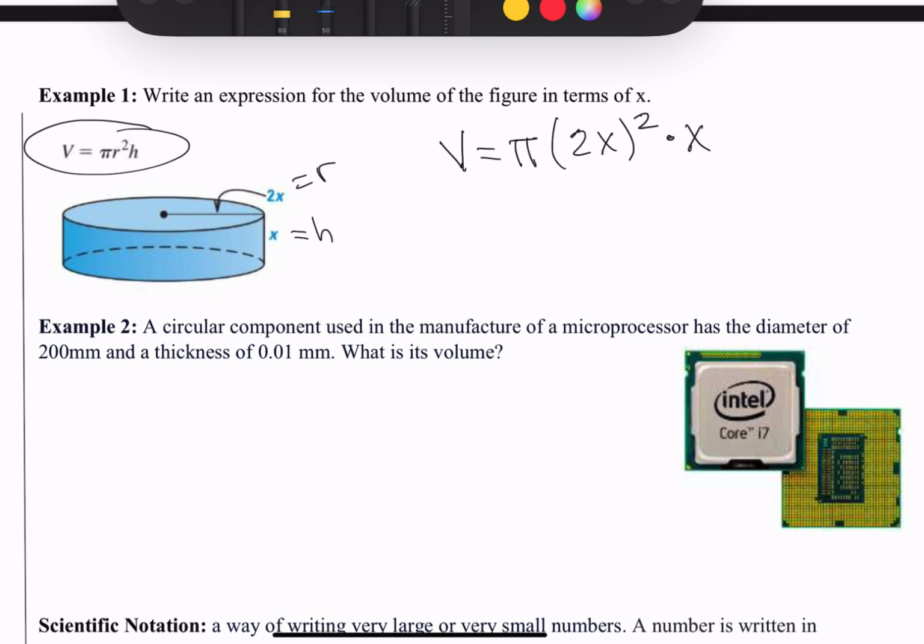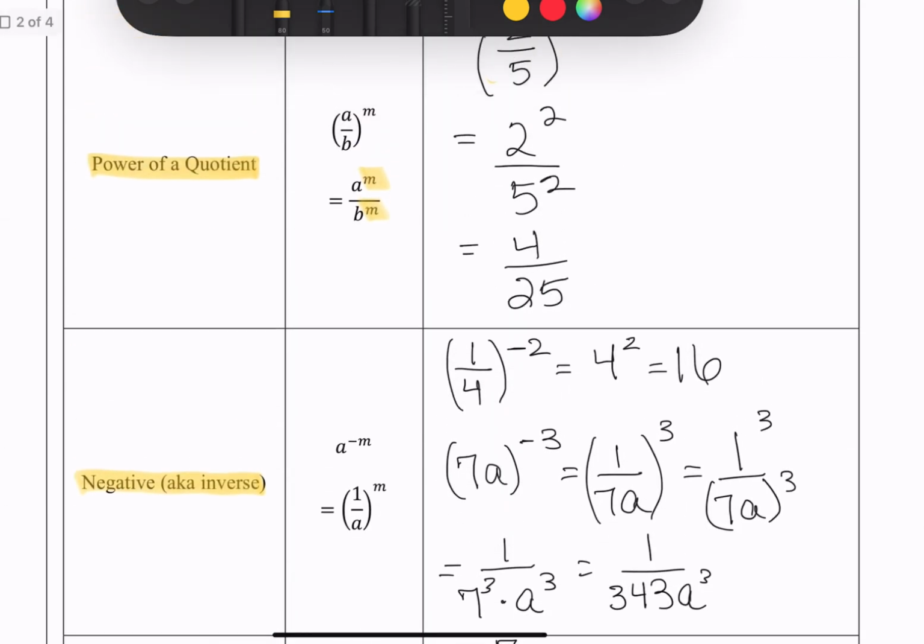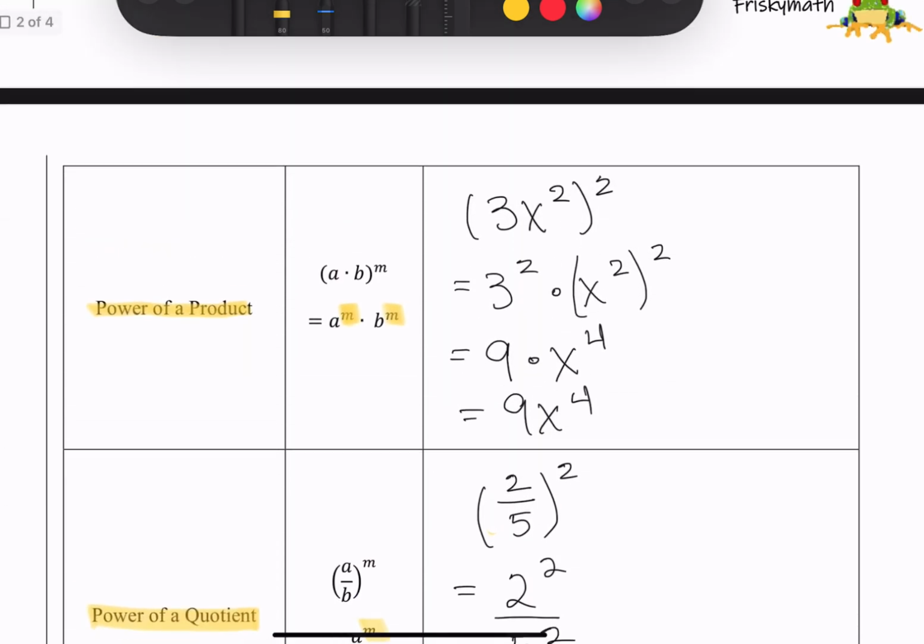So again, we have that 2x is really a product of two factors, 2 times x, and they're both being raised to the second power. So we're going to need to use the power of a product property. Power of a product here says that if you have two factors being multiplied together and then raised to a power, each factor gets that exponent.